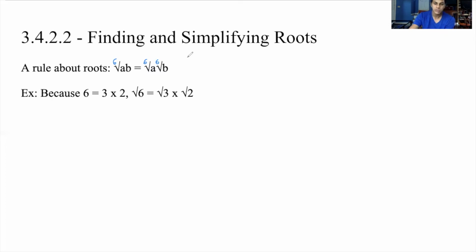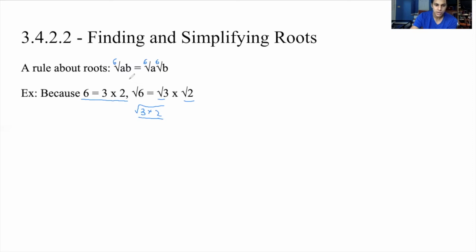So let's look at what that looks like with actual numbers. Because 6 is equal to 3 times 2, if I were finding the square root of 6, that would be equal to the square root of 3 times the square root of 2. And if you think about this, if we're finding the square root of 6, that's equal to the square root of 3 times 2, right? Because 3 times 2 is 6.